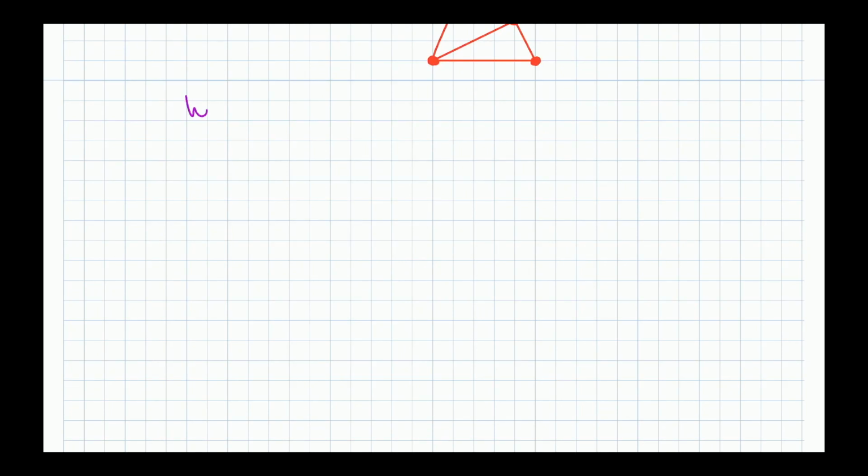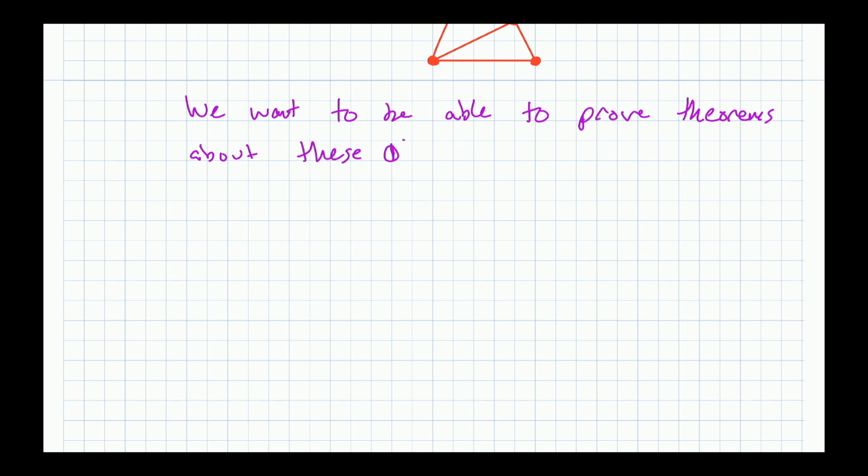So we want to be able to prove theorems about discrete mathematical objects.